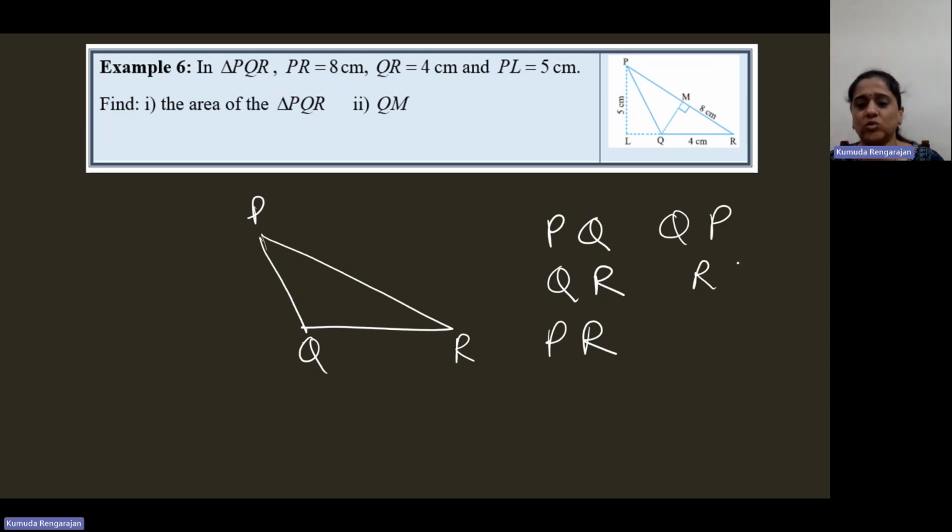QR or RQ, both are the same. You can say PR or RP, both are the same. So this is how you name the three sides of the triangle: PQ or QP, QR or RQ, RP or PR. These are the three sides of the triangle.